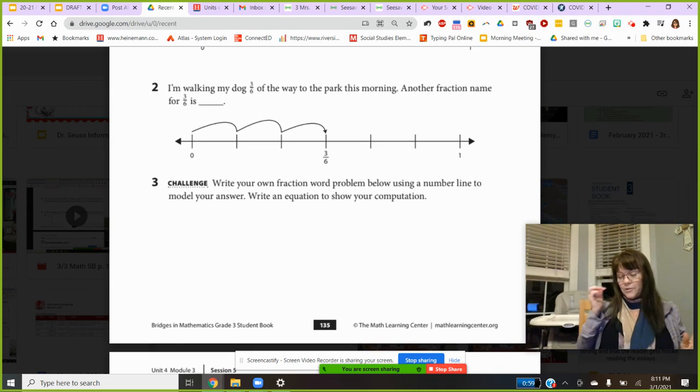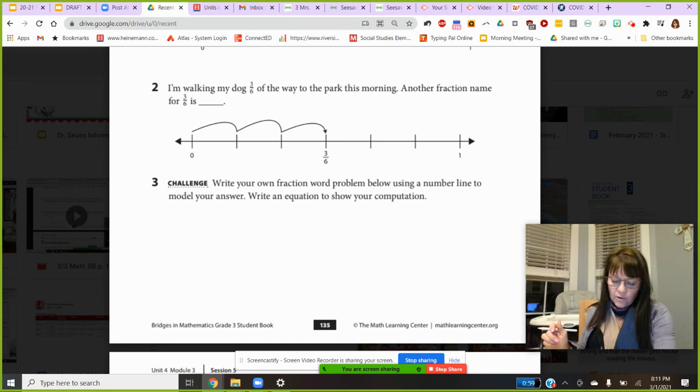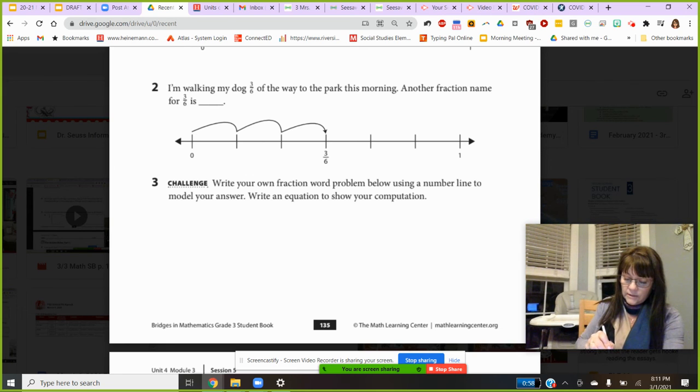All right. And last but not least, well, we'll do the challenge too. We can handle that. I'm walking my dog 3/6 of the way to the park this morning. Another fraction name for 3/6 is, well, if we look at this section to this section, it could be 1/2, right?